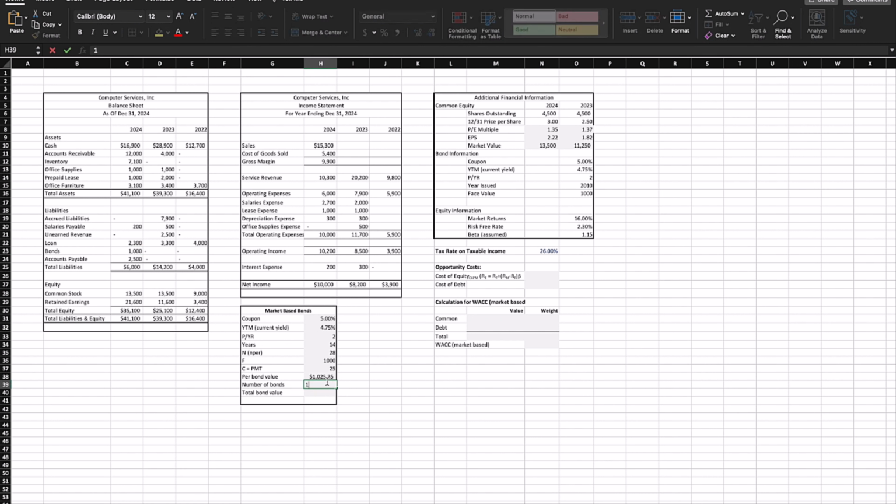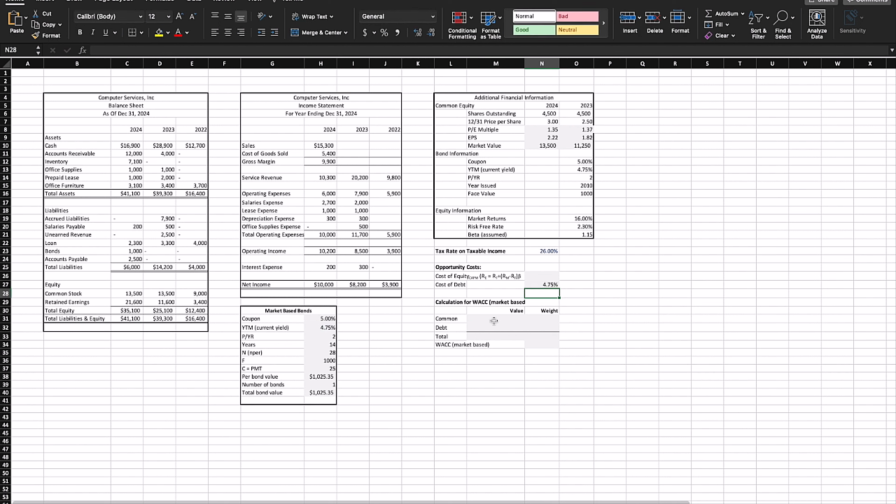So we can go 1. So if we were to times our market value of a bond times our number of bonds on the balance sheet, we have a bond value of $1,234.35. All right.